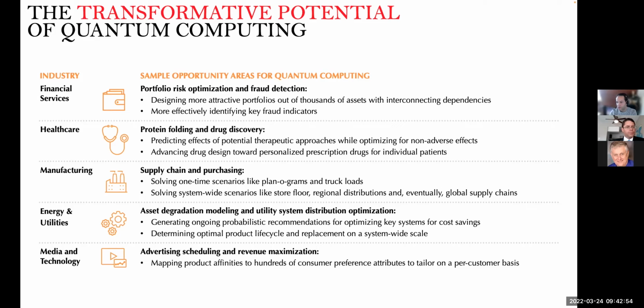And media and technology, maybe not as much investment right away, but one of the important areas in media and technology is data science, looking at viewership and what kind of products are suitable for a region. None of that is being done with quantum computing because the need is not there, but there is some investment happening.